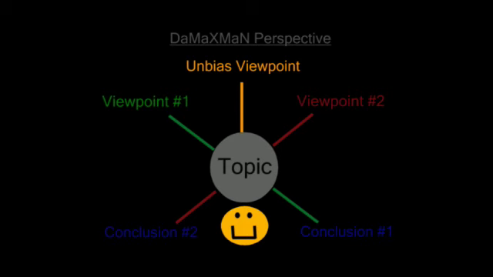And generally, if one conclusion has to be accepted by society, it's likely going to be the unbiased conclusion, because it's the most logical one with all accounts taken in. Now, what I've noticed is you can actually apply DaMaXMaN Perspective to pretty much any argument that exists, and it actually makes a lot more sense when you break it down into this very simple context.